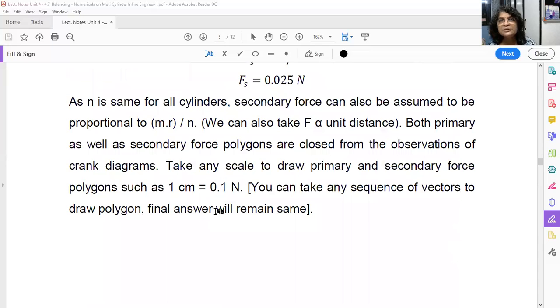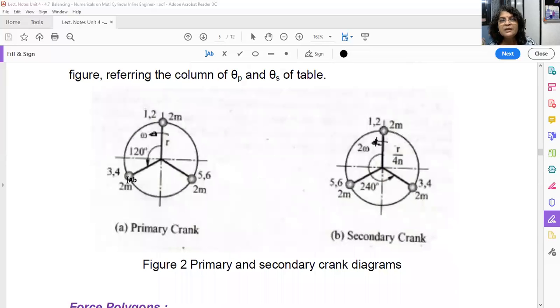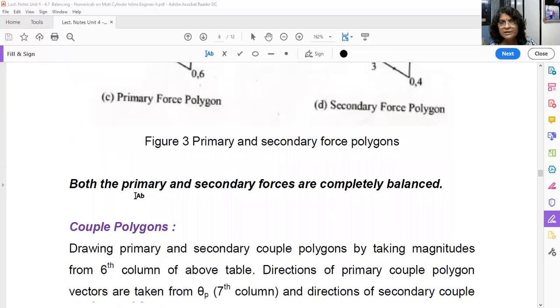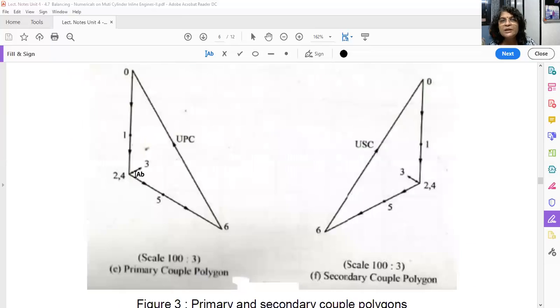See here, this is your 3. The 3 and 4 forces are in the same direction, but the couple for 3 is negative. This is the positive direction, so negative is towards the right. That's why we have drawn 3 like this. And 4 is a positive couple, so we have drawn it again like this. Understood? So from 2 to 3, 3 to 4, you again came here.